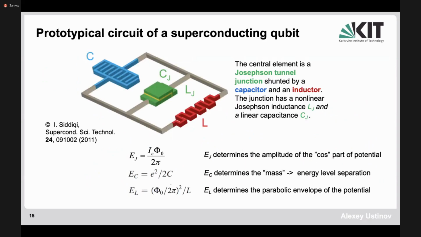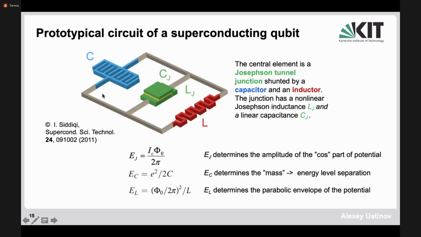So generally speaking, now if we make an abstraction of this flux qubit and consider that what we do here, we simply put an inductive shunt to the junction. So generally speaking, any superconducting qubit, knowing about transmon, knowing about flux qubit, knowing about charge qubit, can be sketched as a parallel combination of a Josephson junction, which has its Josephson energy and its own junction capacitance.